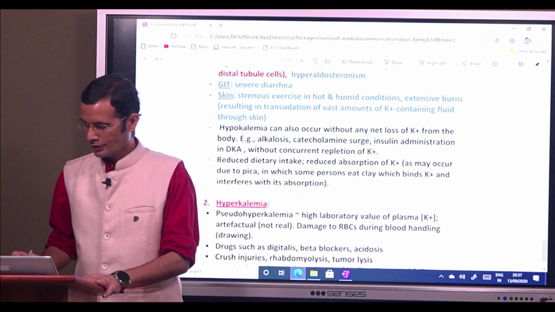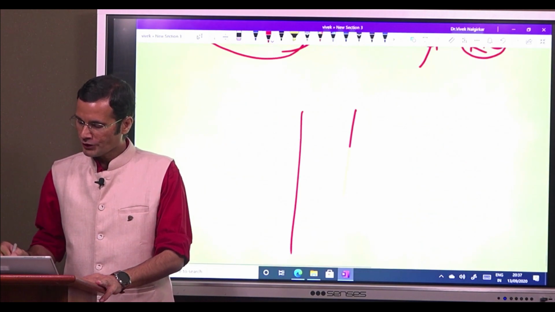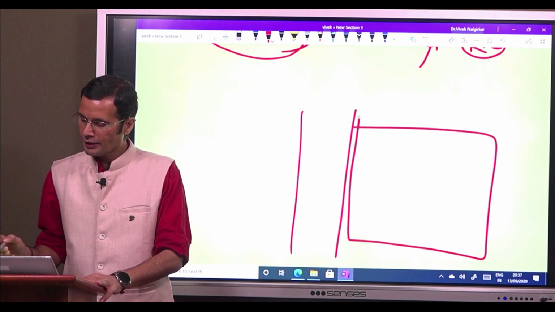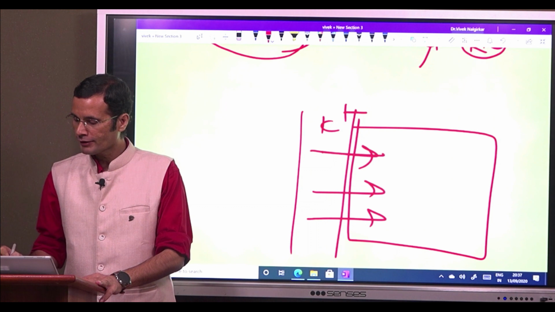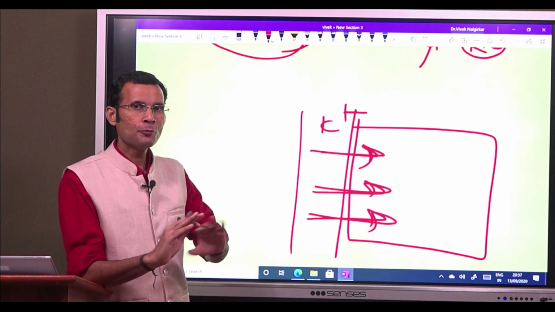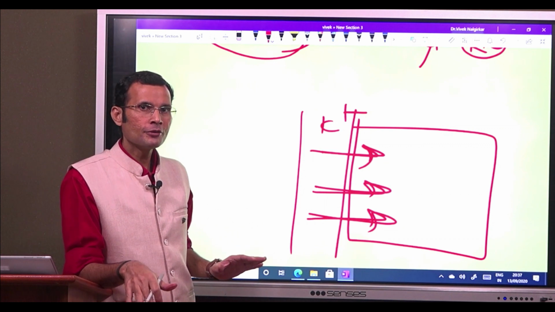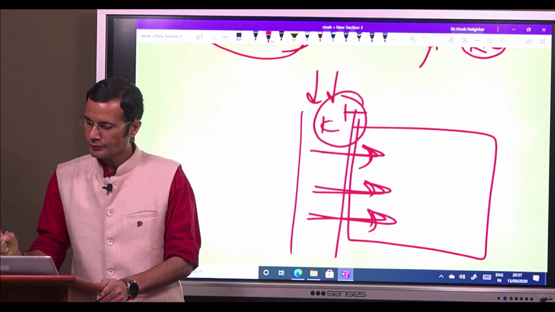How? We have seen this a number of times now. This is a blood vessel, this is a cell. If something is pushing the potassium from the blood vessel into the cell, net loss of potassium is not happening from the body. Just potassium is decreasing in the plasma.